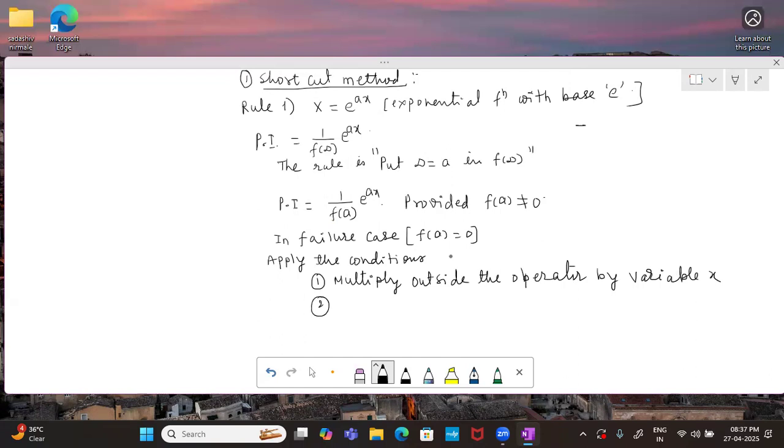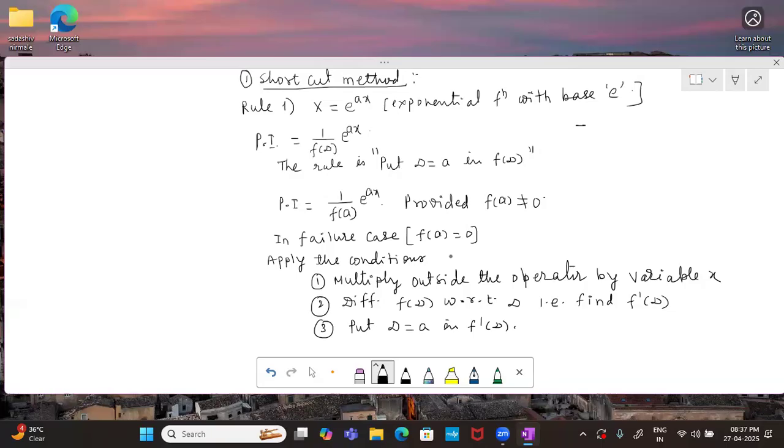Second one, differentiate f of D with respect to D, that is, find f dash D. F dash D means the derivative of f of D. And in the third step, put D is equal to a again in f dash. So these are the 3 steps to be followed in the failure case.